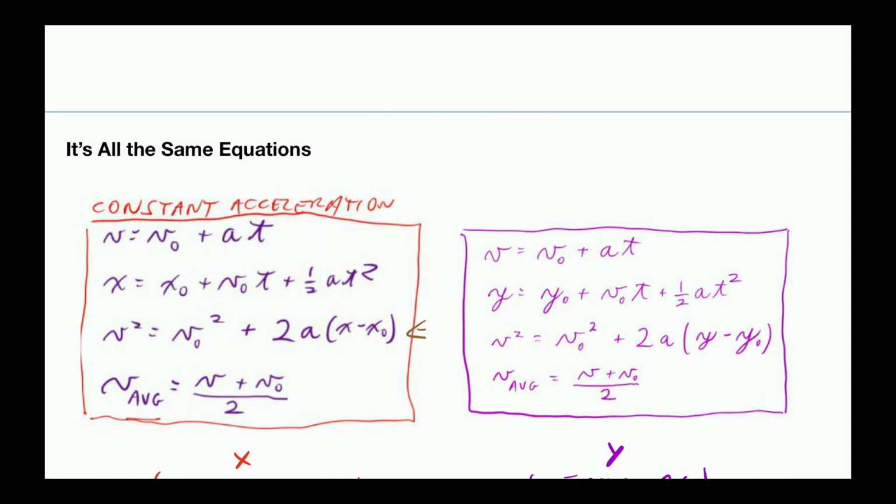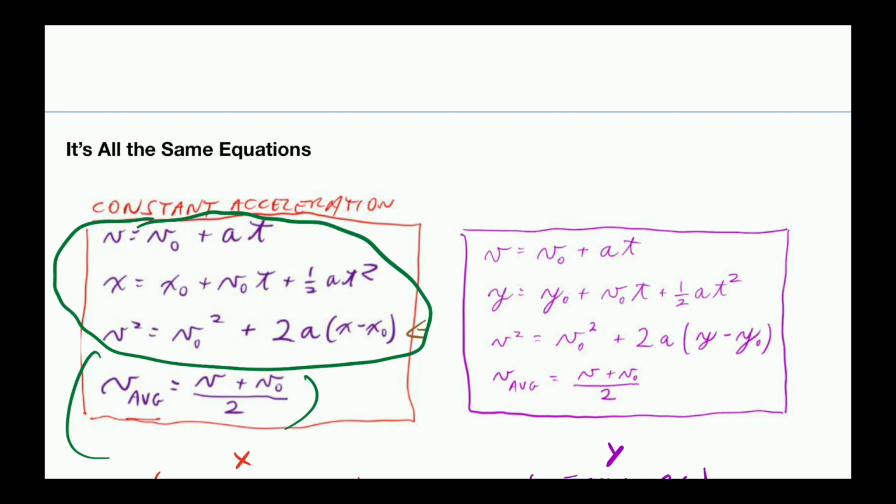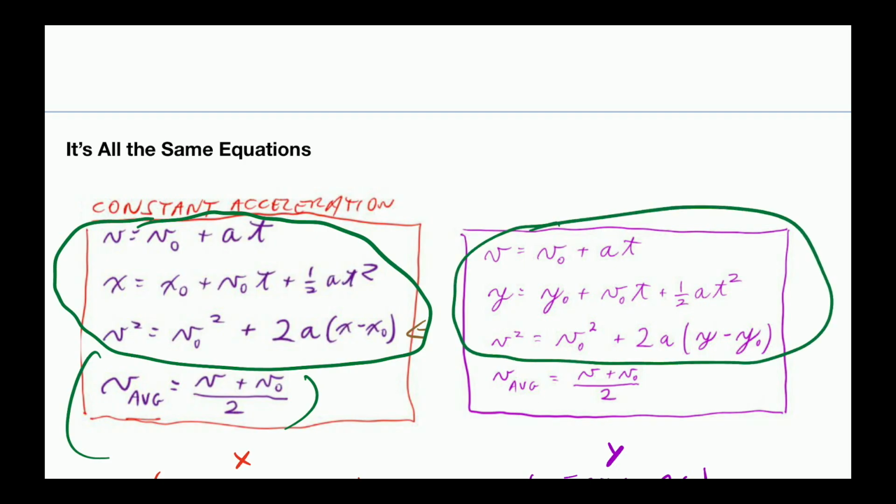Now that you know the main idea, it's time to look at the equations. You have seen these equations so many times before. It's really just one set of equations. You know what, I'm going to call it 3 equations. I never really use this V-average thing anymore. I just include it because that's what it was in the textbook when I first wrote these down.